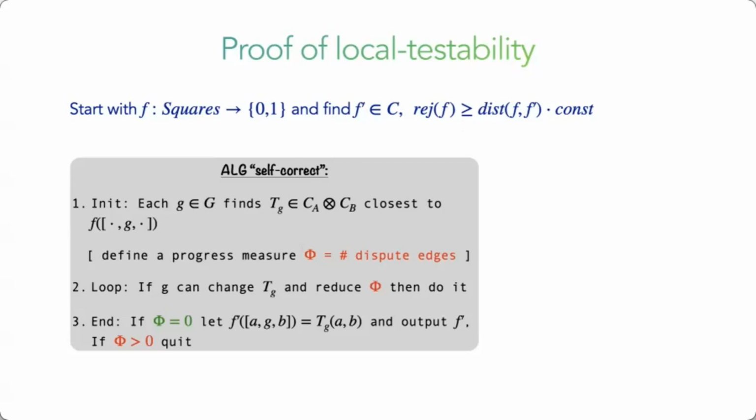Each edge can be disputed between only two vertices. So to say it again, every vertex holds its own local view, and two neighboring vertices are either in agreement or in disagreement. It's just how many pairs disagree.